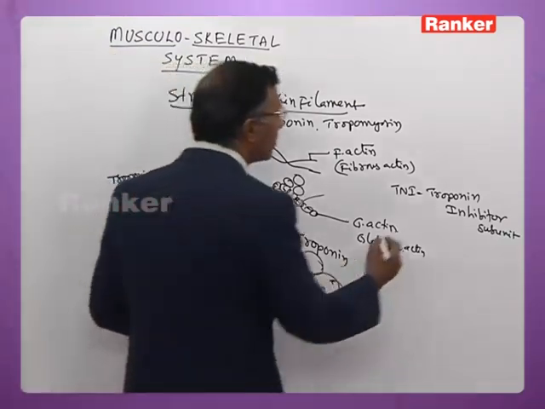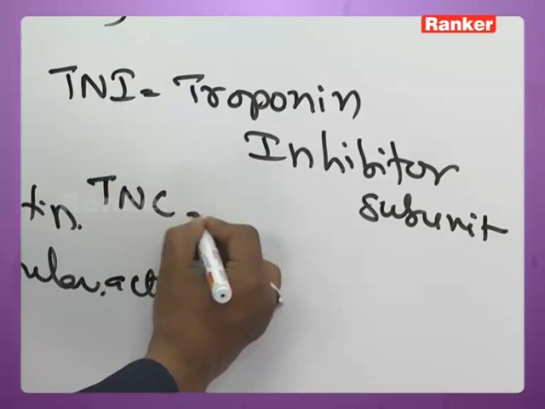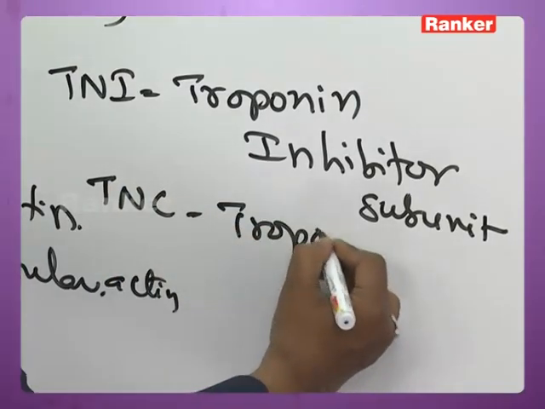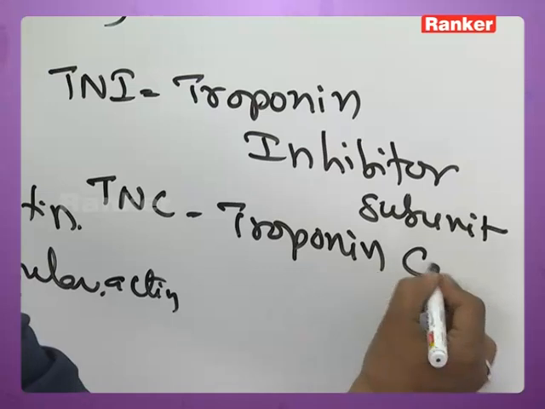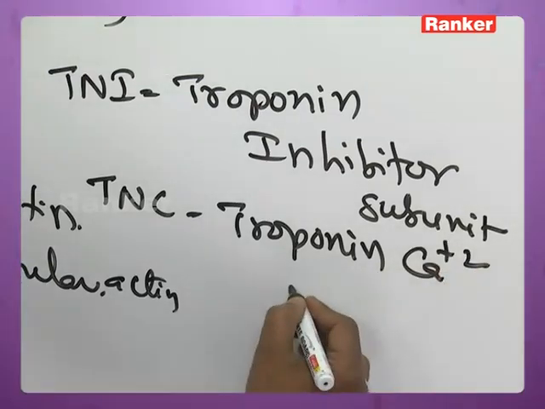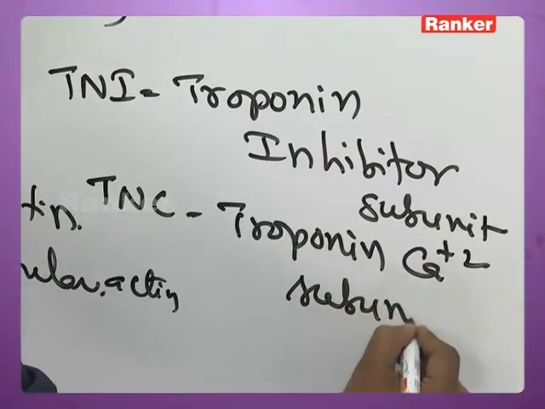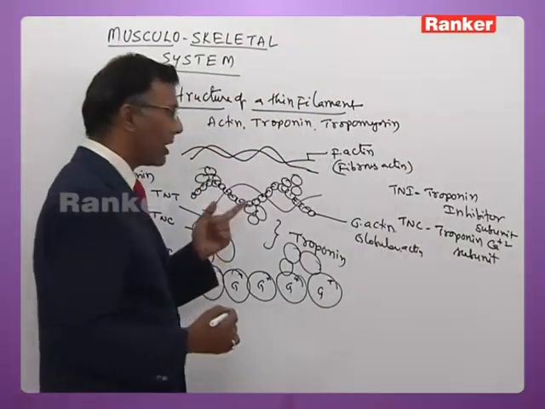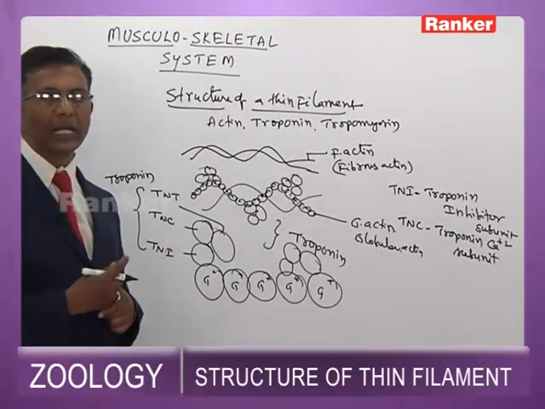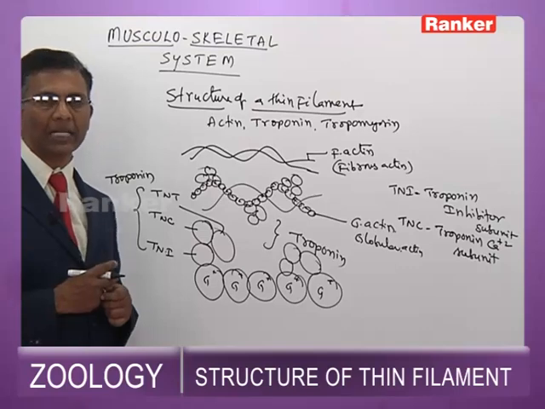Next we have the second one, TNC. TNC is the troponin calcium binding subunit. During contraction, calcium ions get attached to TNC to trigger the mechanism of contraction.